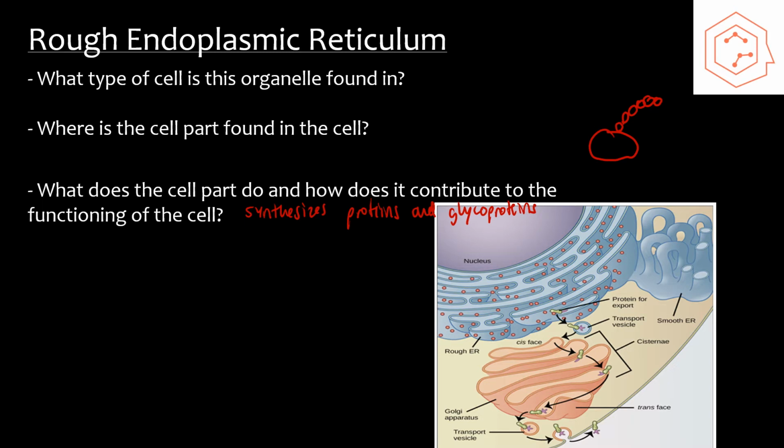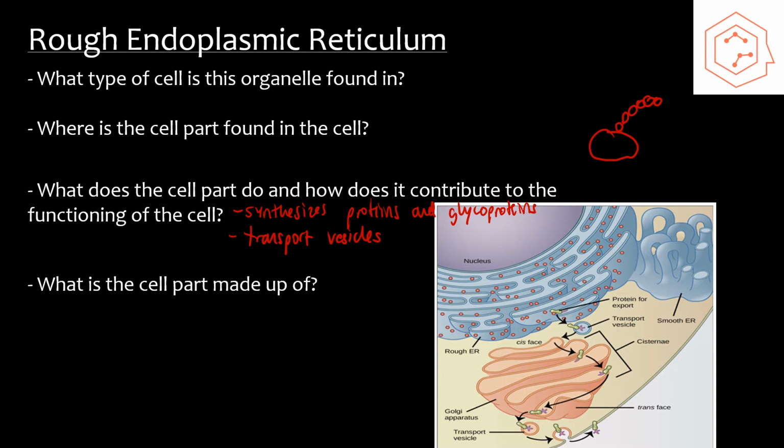Additionally, it can produce transport vesicles, which distribute lipids and proteins to other components of the endomembrane system, or eventually end up at the plasma membrane. This is why the rough endoplasmic reticulum is given the name membrane factory.